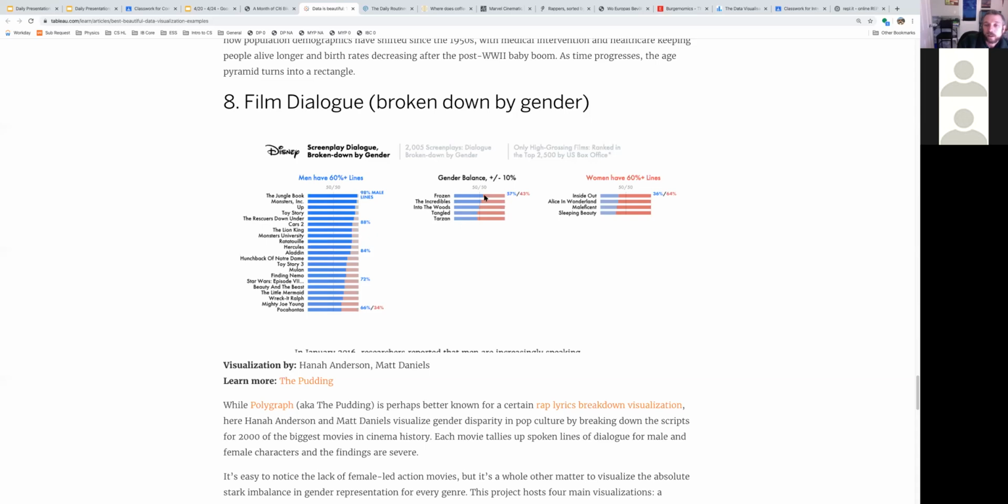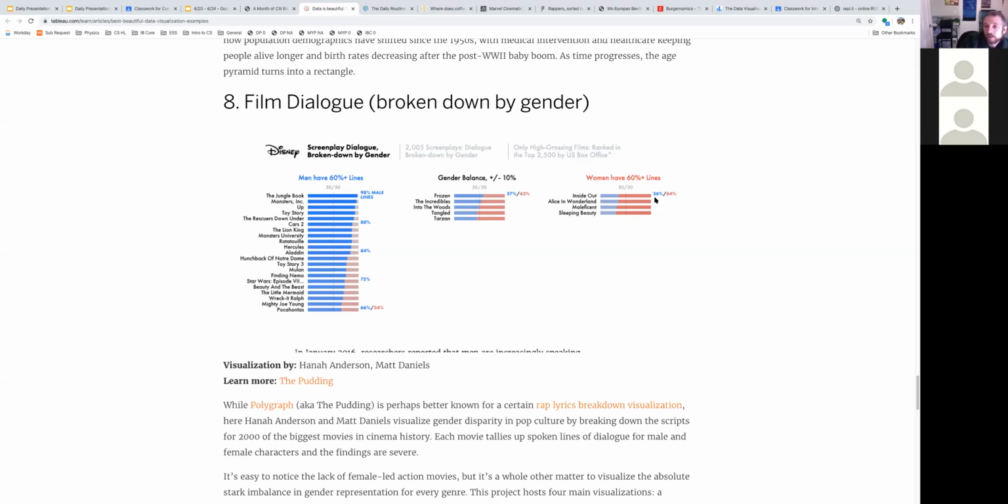I think this one is just incredible. Frozen, which is a movie about two sisters, still only 43% of the lines are spoken by females. Still it's dominated by male lines.